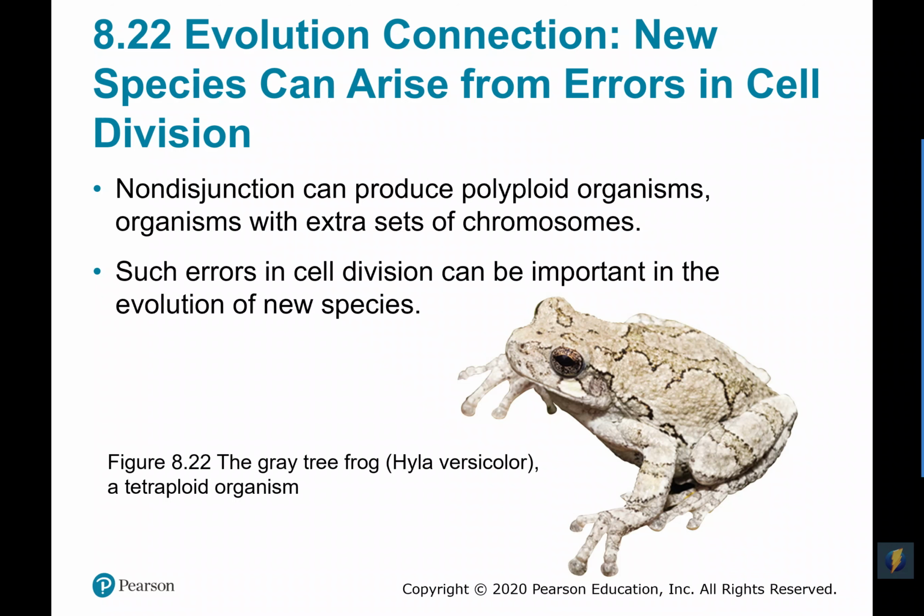And when you have a polyploid organism like this tree frog here, which is a tetraploid organism, you get this interesting ability to evolve into new species. And as with everything else in biology, overarching all of this is the evolution of our species and our planet.